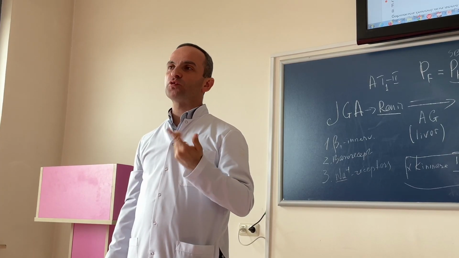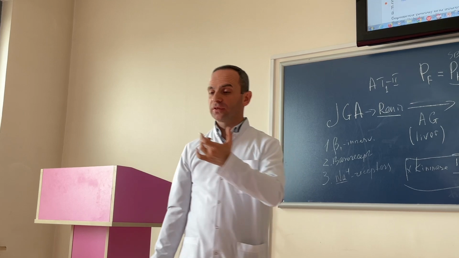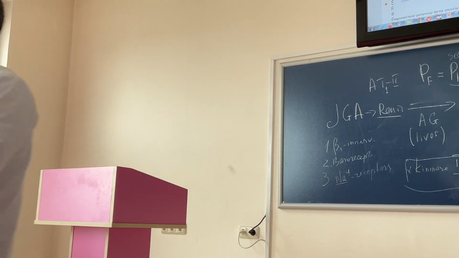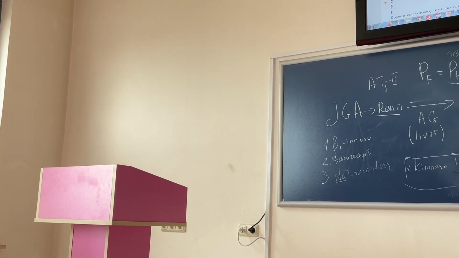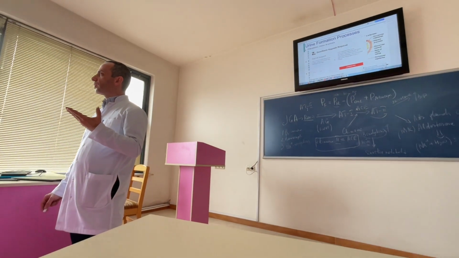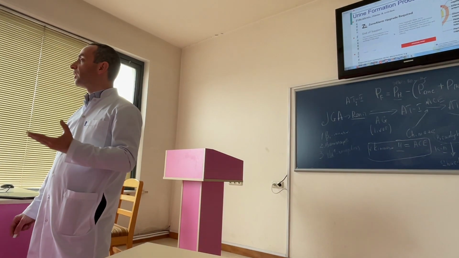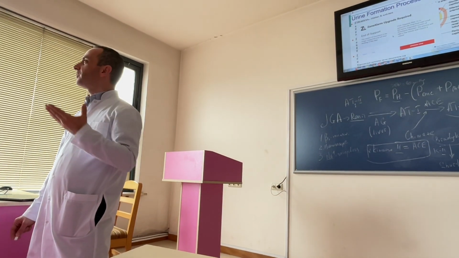We have hypoperfusion of the kidney. As a result, we will not have enough filtration pressure, nitrogenous waste products will accumulate, potassium will accumulate. It is called acute renal failure.